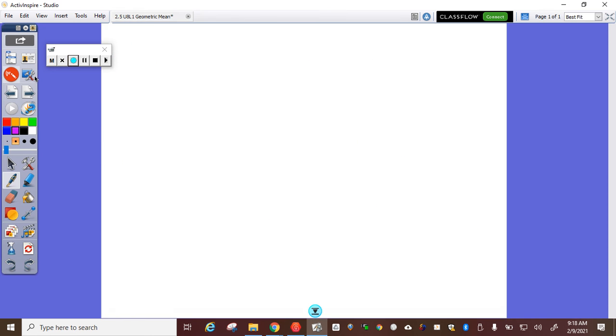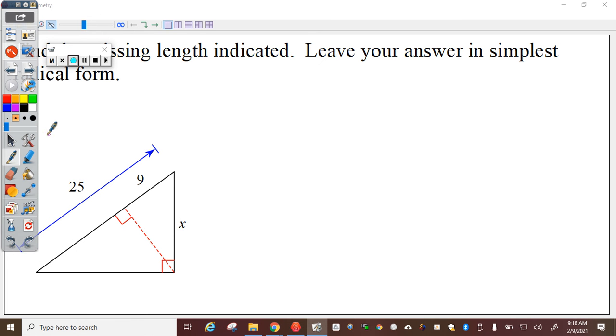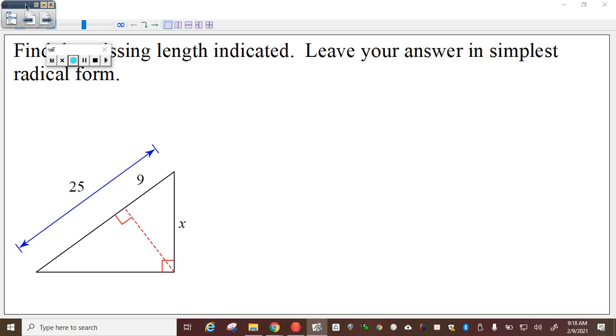Alright, so understand that if I'm looking at this triangle right here, and I want to solve for this. We're just solving for one variable. So if this whole side right here is 25, then this part is 16.